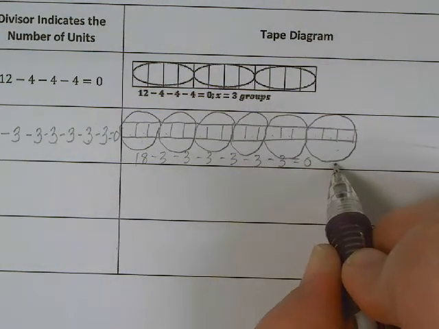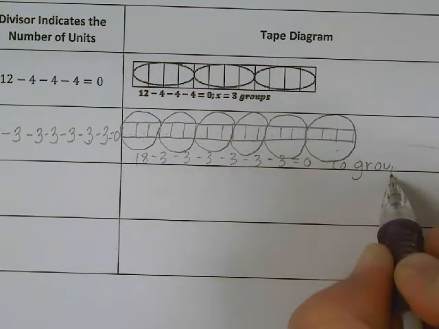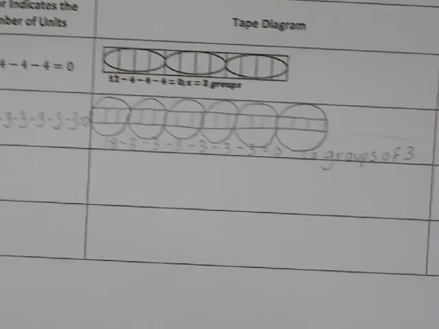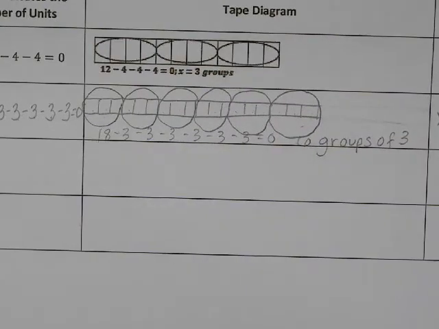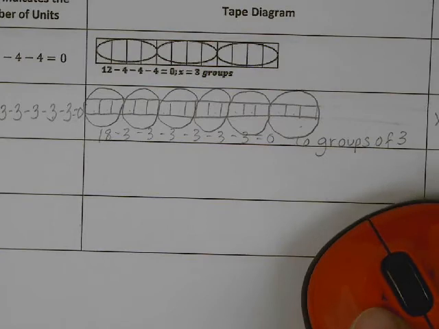And I say it was 6 groups of 3. I want you to go ahead and try the next 2 on your own. When you're done, come back and check your answers.